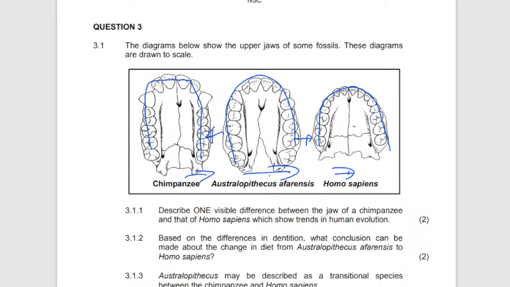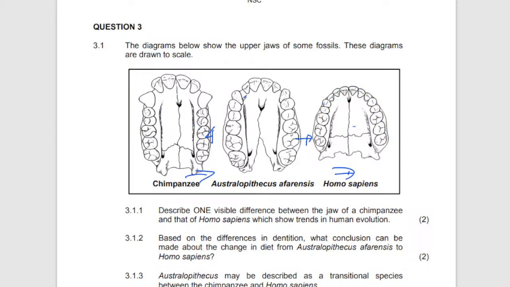Look at the size of the canines. Here they are a little bit big, and this one's a little bit small. Therefore, it is not as undeveloped as this, and not as developed as that. Not only that, look at the spaces between the teeth.